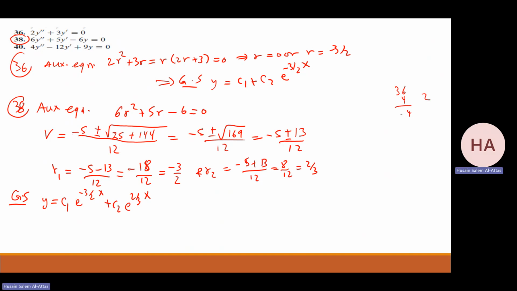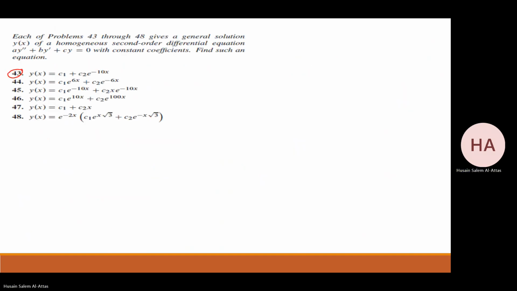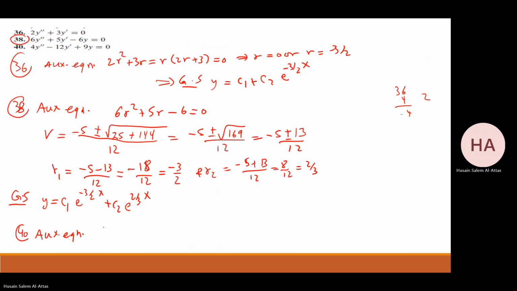Yes. Last one, 40. What is the auxiliary equation? 4r squared minus 12r plus 9, which is what? 2r minus 3 squared. Yeah. 4r squared minus 3 times 2 times 2, which is minus 12r, plus 9.